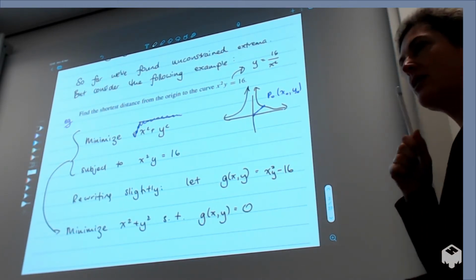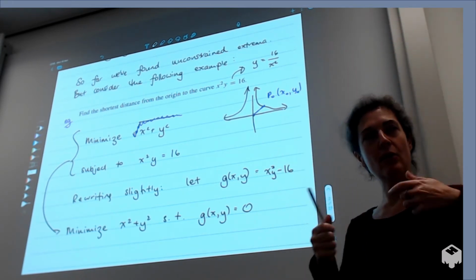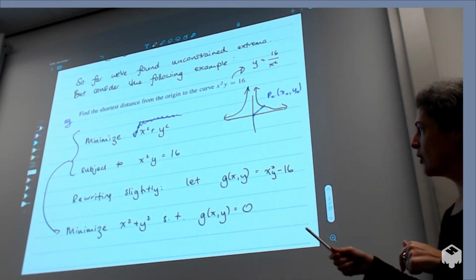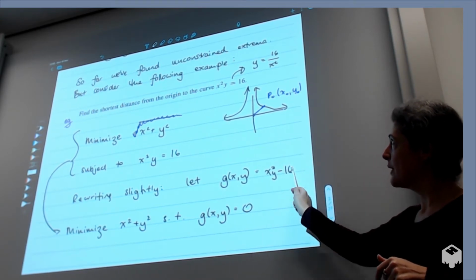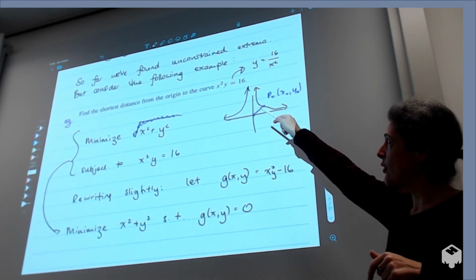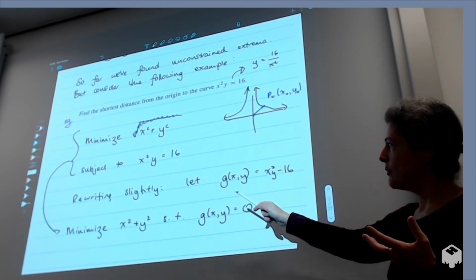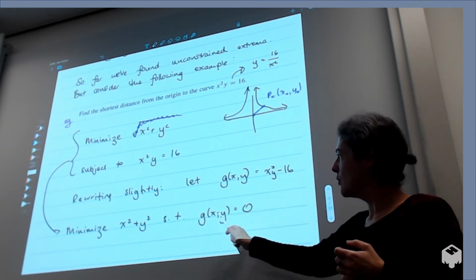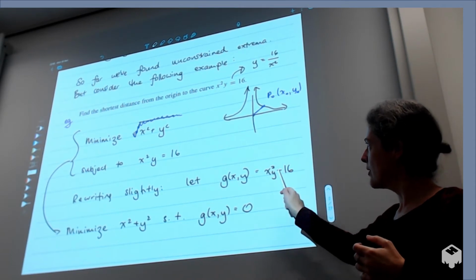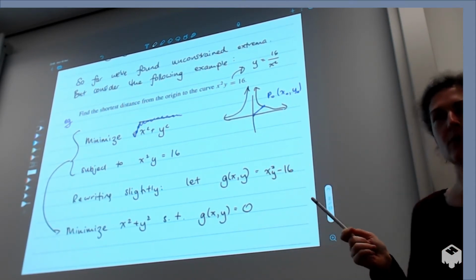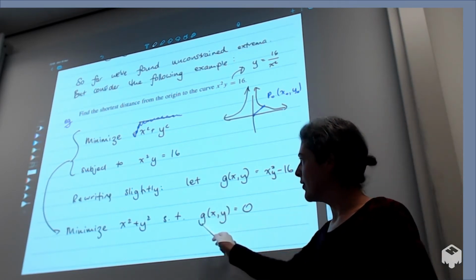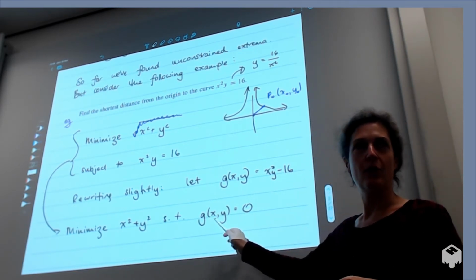So it's not immediately clear why I would do this, but we'll see when I've explained a little more. I've just said let g of x, y be this function over here. I've just taken my 16 over, and I'm saying I want to minimize it, this bunny, subject to g of x, y equals 0. And if I put a 0 over here, you'll see it's the same thing. Essentially what I'm introducing over here is this g of x, y, which we're going to need.